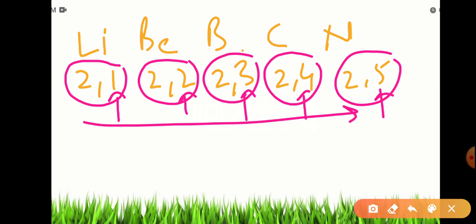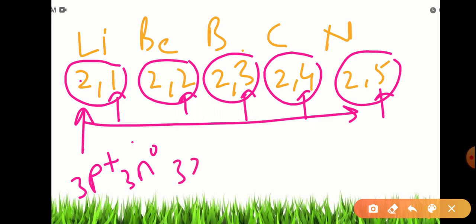Now what is the catch here? Try to understand this very important concept. Lithium has 2 and 1 configuration, which means 2 plus 1 equals 3 protons, 3 positive charges, and 3 neutrons, which have no charge, and 3 electrons. Electrons have negative charge, protons have positive charge.